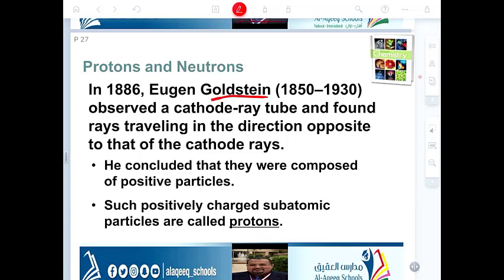He concluded that these rays are composed of positive particles, which carry positive charge. These positive subatomic particles were called protons.